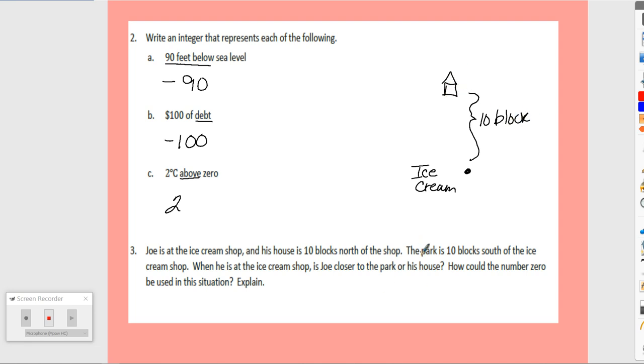And then we know that the park is 10 blocks south of the ice cream shop. So if we go this direction, we also have 10 blocks. And this is the park. And the question says, when he's at the ice cream shop, which is he closer to? Kind of obvious, right? He's the same distance.